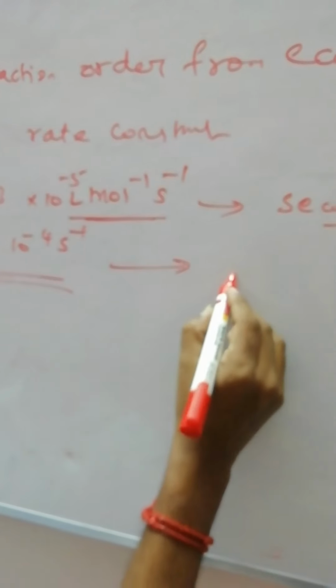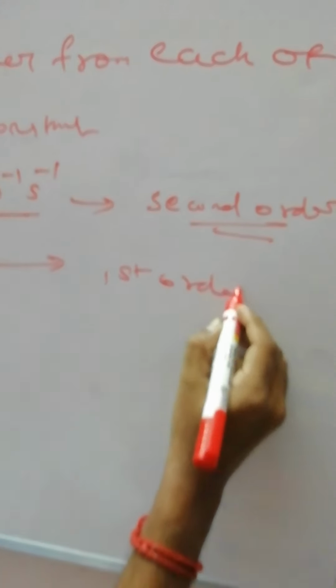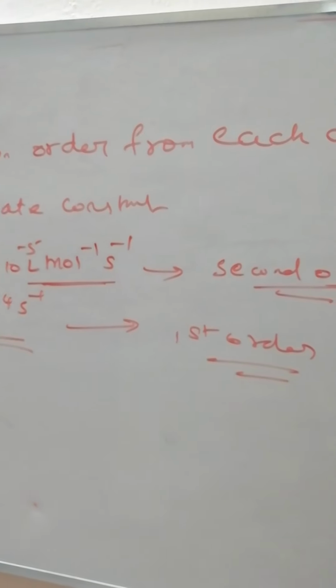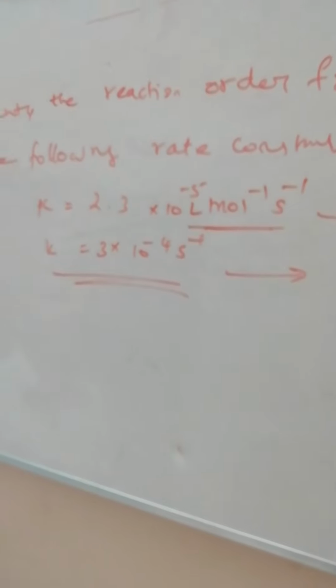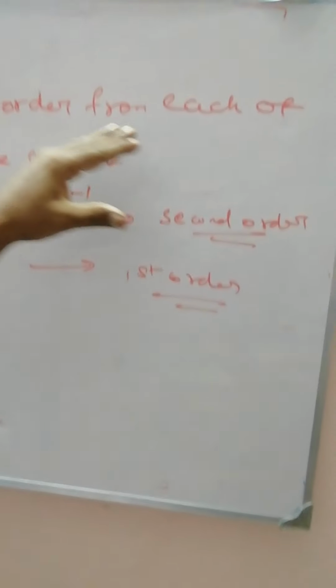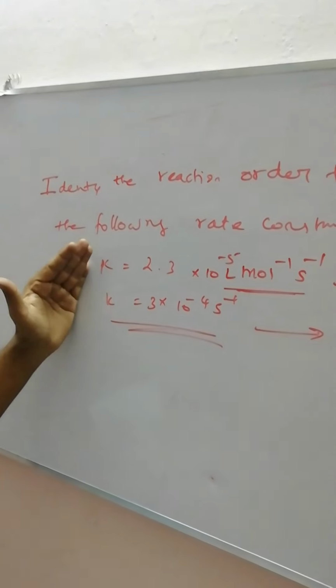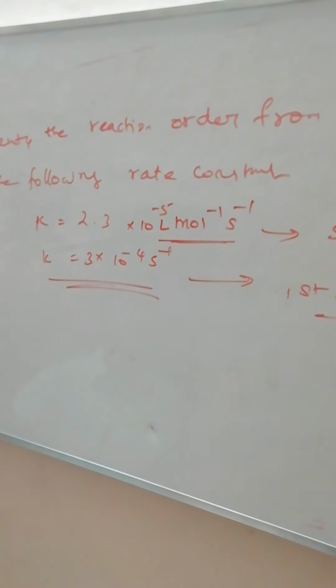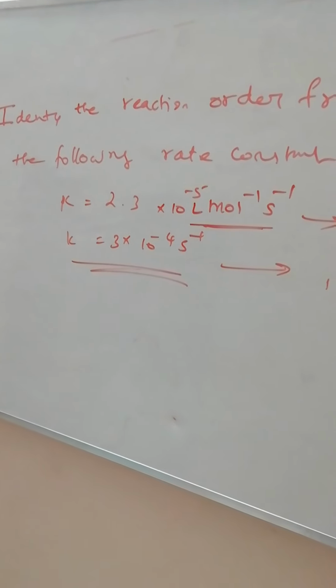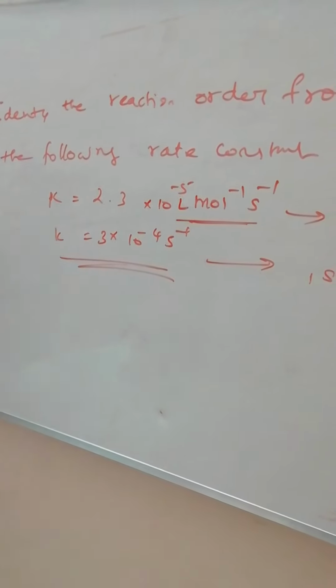Second inverse means first order. So in this way, with the help of the unit, we can tell which order the reaction is. We have to read the units carefully. Then this type of 1 mark question can be easily solved.